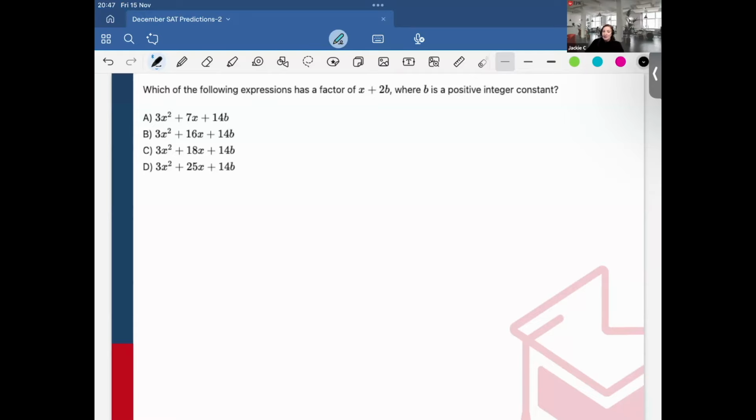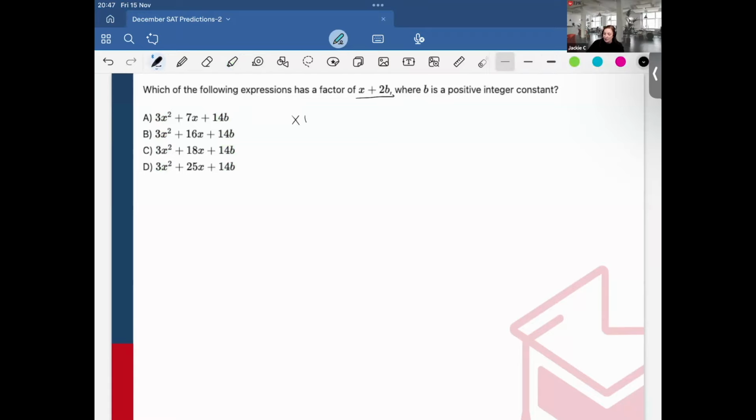Okay, so it says it has a factor of x plus 2b. And just to see, I'm scanning the answer choices. I see all of the x values are the same, and the constant values are also the same, 14b. So that's going to make my life a lot simpler, I think.